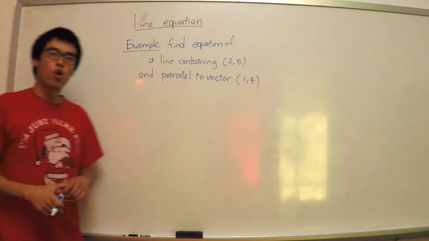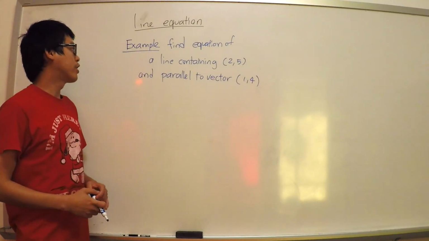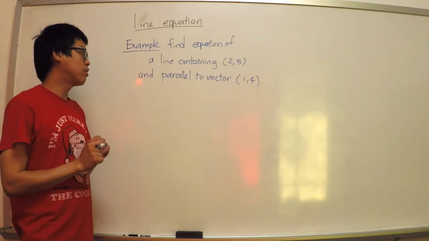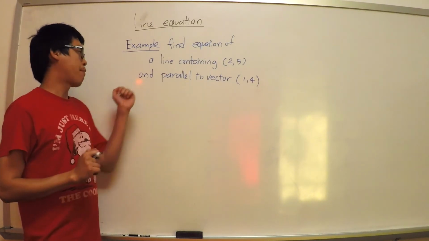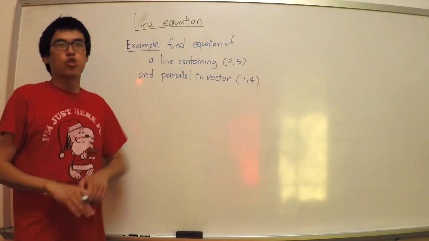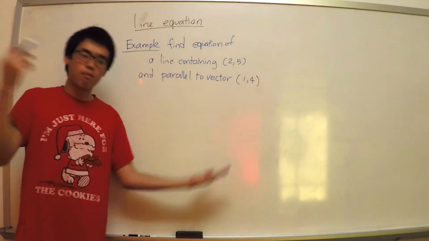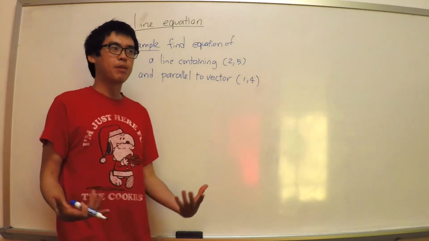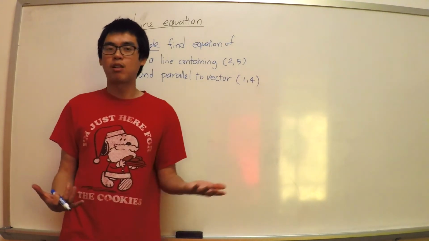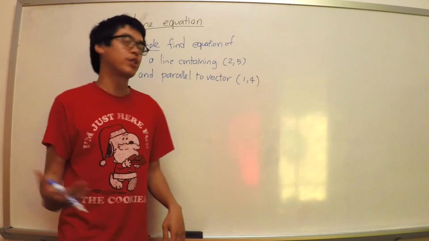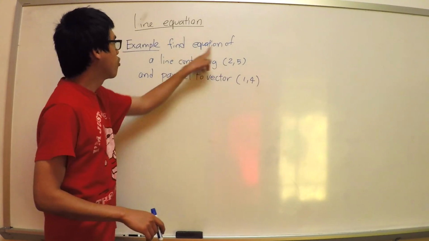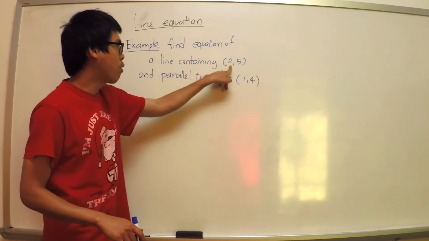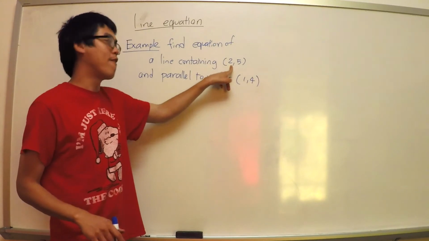One may ask you this kind of question. Find the equation of a line that contains the vector (2, 5) and is parallel to the vector (1, 4). When you're given a problem like this, you ask yourself, do we have those two pieces of information that we want? Which means, do we have A, which is a point on the line, and do we have V, which is the direction of the line? Of course, this tells you precisely that the line contains this point, so this is a point on the line, or a vector on the line.